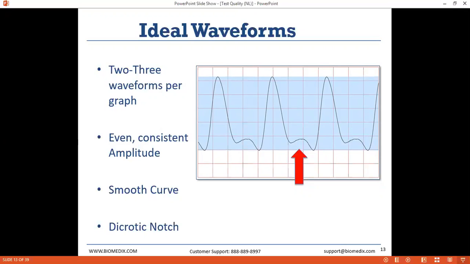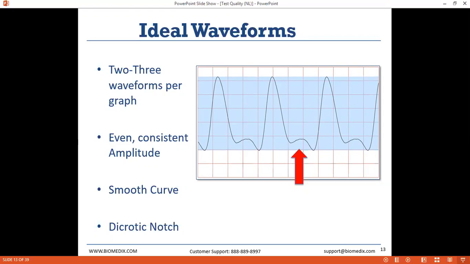But sometimes, and we'll see later in the webinar, we'll see waveforms sort of climbing across the screen or descending across the screen like they're going up or down a set of stairs, and that's definitely something that we want to avoid. We're also looking for very smooth curves. Sometimes you'll see some unusual waveforms that are boxy, jagged, something along those lines, and that's, again, not something that we're looking for. That's typically artifact caused by movement. We'll see a couple of those waveforms in a few minutes here as well.